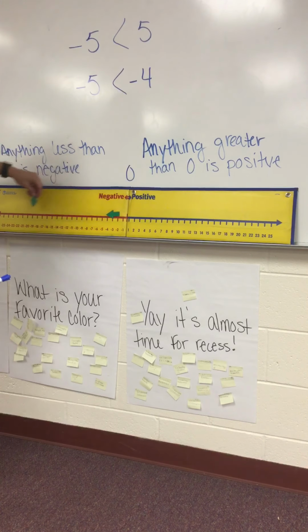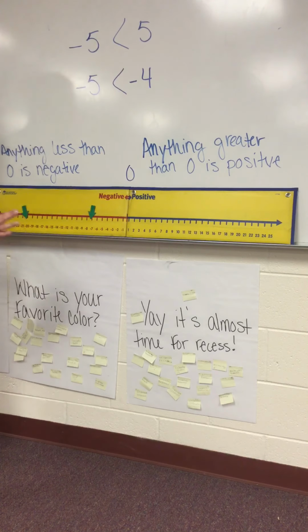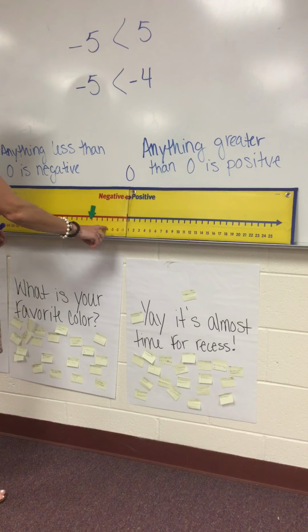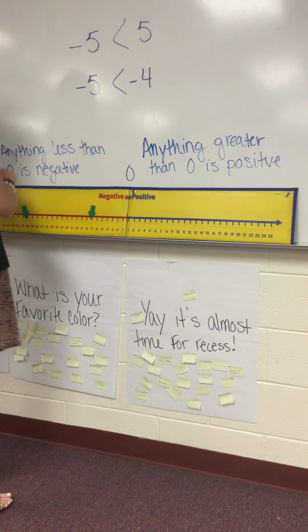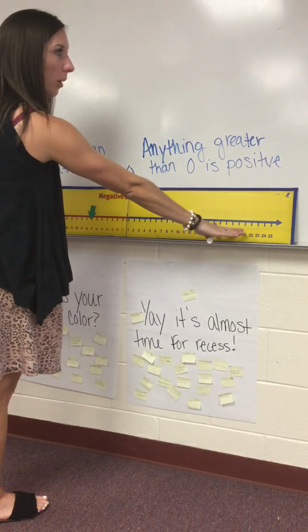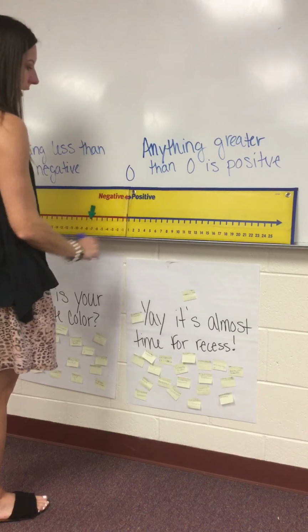So let's think about this. We would totally think, oh yeah, 20 is way bigger than 7. Not if it's negative, because it's going to take me 20 ticks to get to 0. Whereas if I'm at negative 7, it's only going to take me 7 ticks to get to 0. So whenever you're comparing negative numbers, it's a little bit more tricky than positive numbers because we automatically know that 8 is less than 9, or 10 is greater than 5.